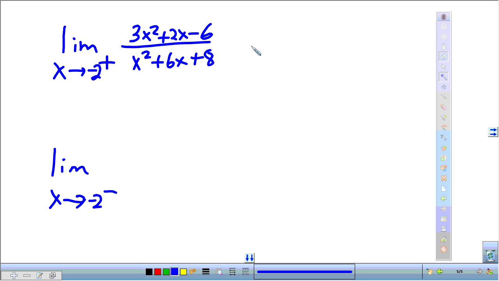So, if we look at the right limit, we're going to look at x bigger than the value minus 2. So we're going to take a value close to minus 2.